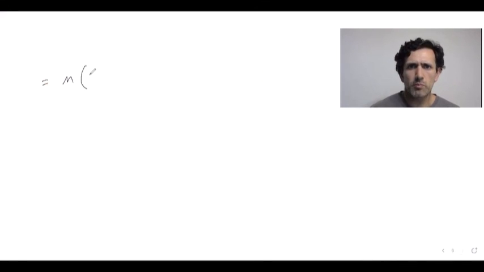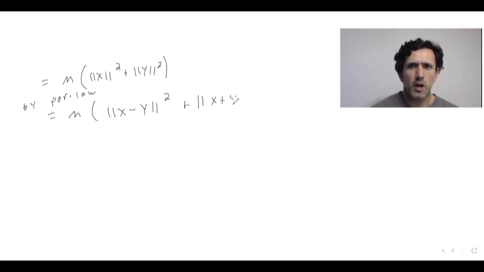Pull out the M here. And if you remember the parallelogram law, by the parallelogram law, this is the norm of X minus Y squared plus the norm of X plus Y squared.